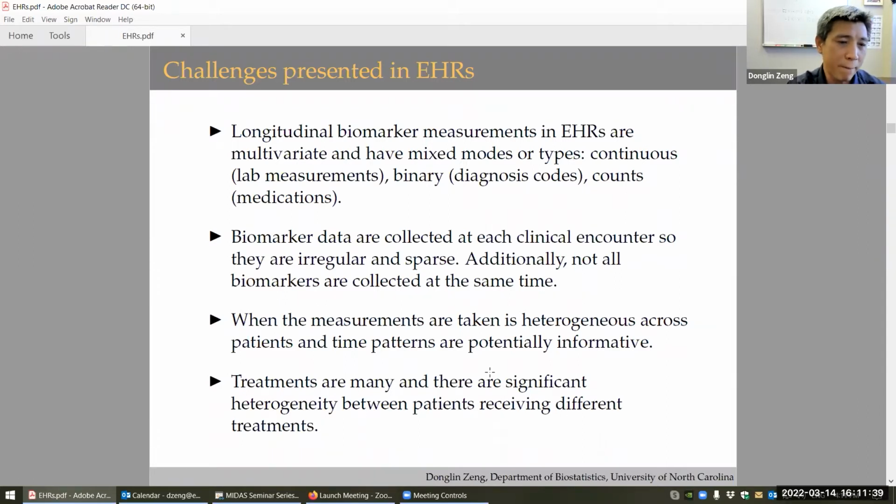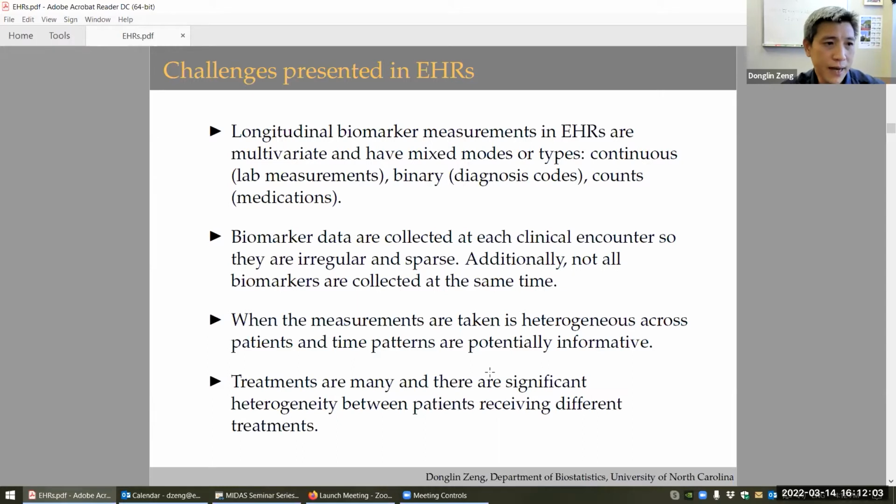First, the biomarkers. Remember I mentioned earlier, we get records of biomarkers like blood pressure, BMI, and medication use over 3 years. Those biomarker measurements are multivariate, obviously. There are many different biomarkers measured longitudinally over time.